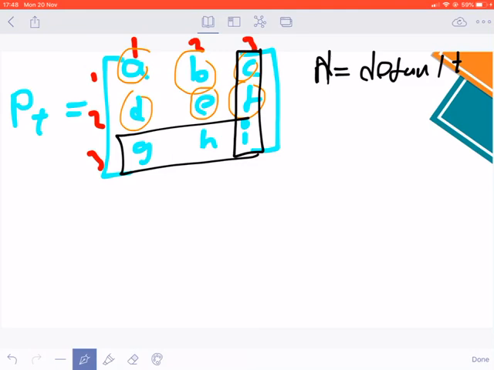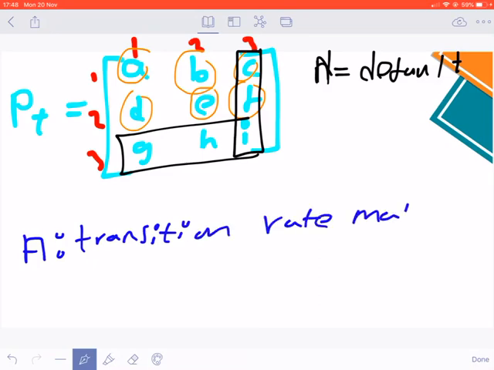The other thing that you would need to know is that the transition rate can be so complicated to write or to look at. So what they would normally give you is the transition rate matrix. The transition rate matrix tells you the rate at which you are going to move from one state to the next.